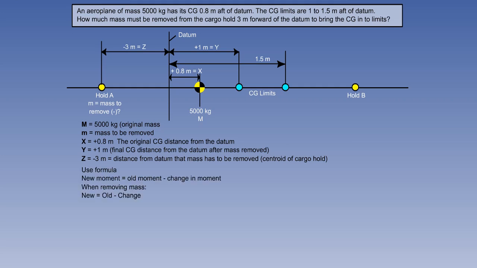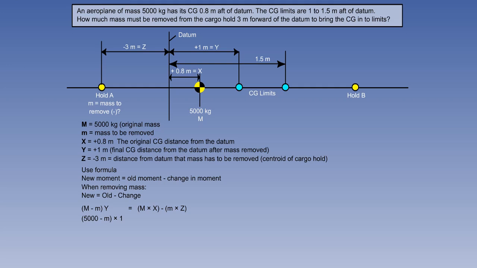In order to solve this question, the formula must be written down, and in this case, for removing mass, new equals old minus change. We are now ready to substitute values into the first line of the formula. On the left side of the formula, put in brackets the original mass, big M, of 5,000 kilograms, then minus little m, the unknown.